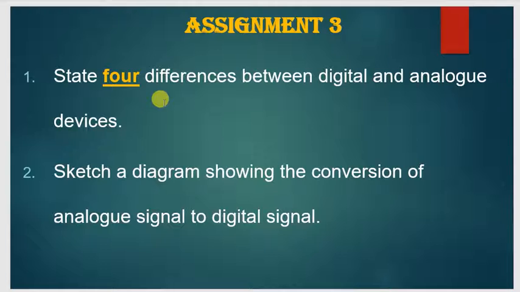Then you number them with alphabet A, B, C, up to D. Then you write the differences. If you write digital devices process data in the form of binary digits, then you write analog devices represent data in the form of physical quantity. They should match, it will be the same. If this one is tall, this one will be short, so you compare them in that way.